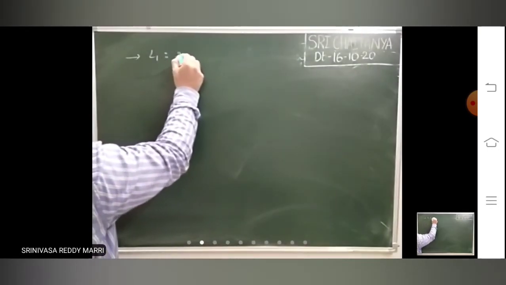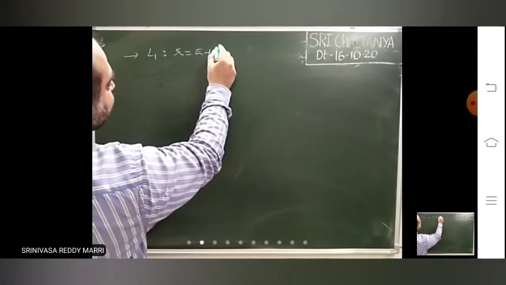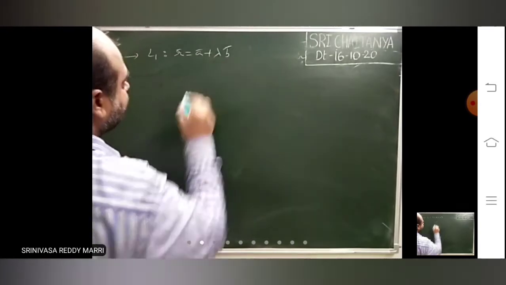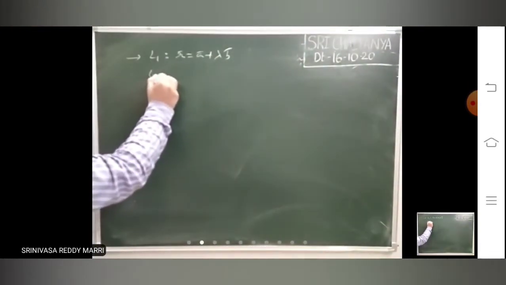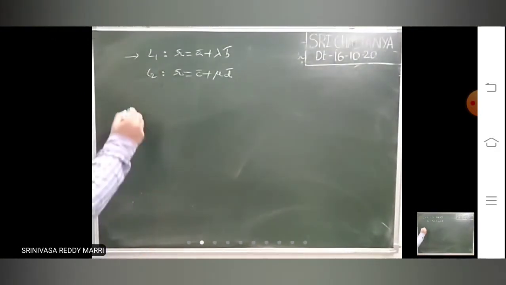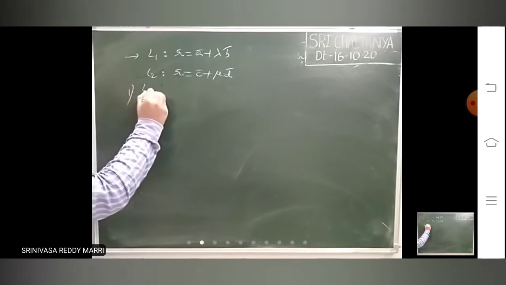So look at when the lines will be coplanar, when the lines will be non-coplanar. Suppose line L1 is like this: r bar equals a bar plus lambda times b bar. L2 line is like this: r bar equals c bar plus mu times d bar.